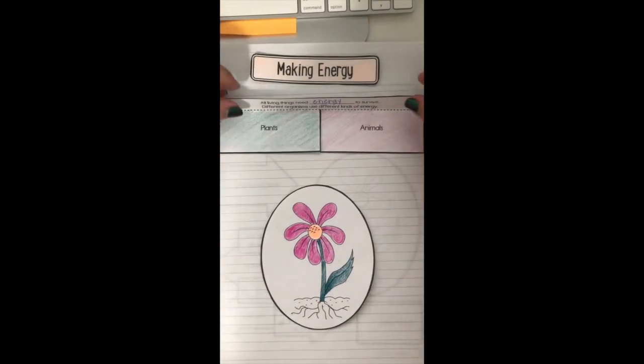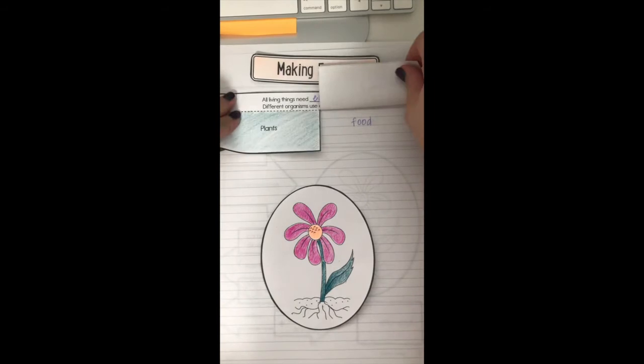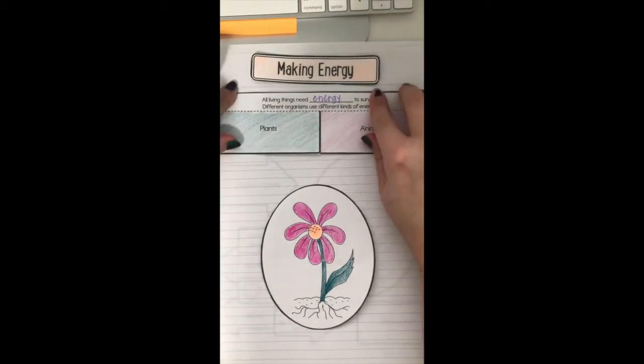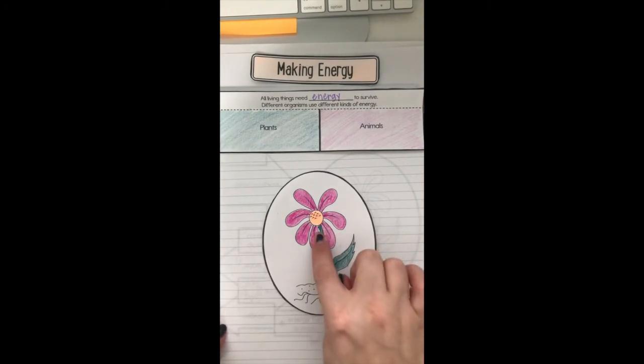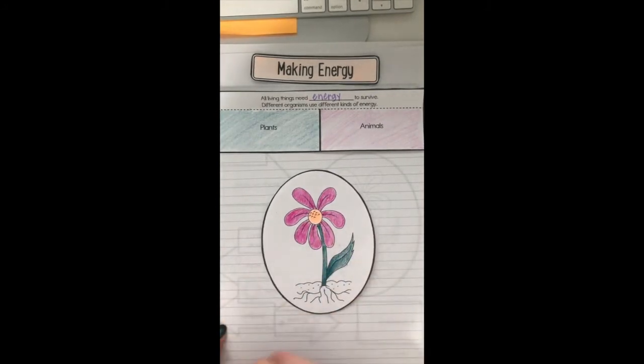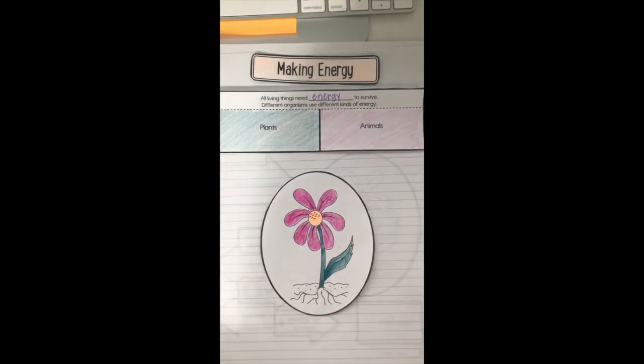So after you place this and you are easily able to see the answers under, you're going to point the arrows to what the flower uses for energy, like what goes into it, and then what kind of energy comes out of it.